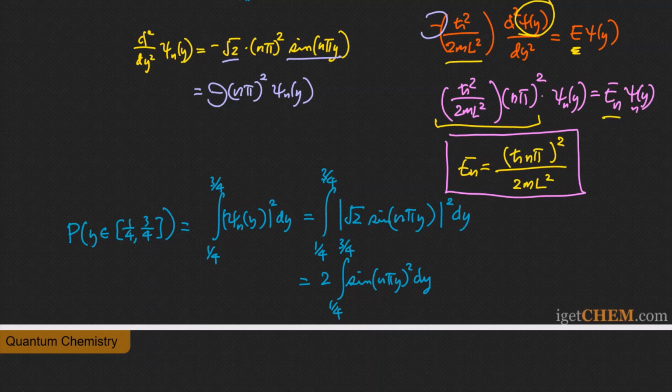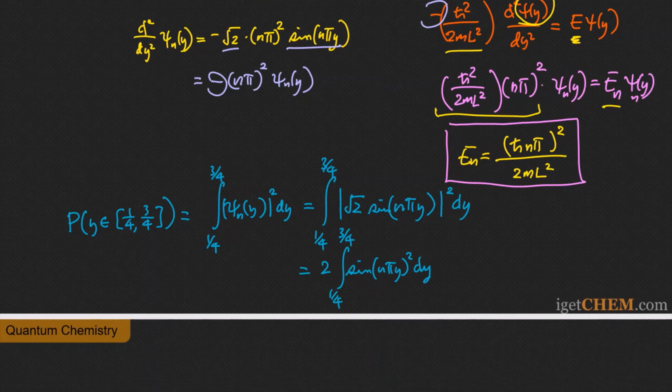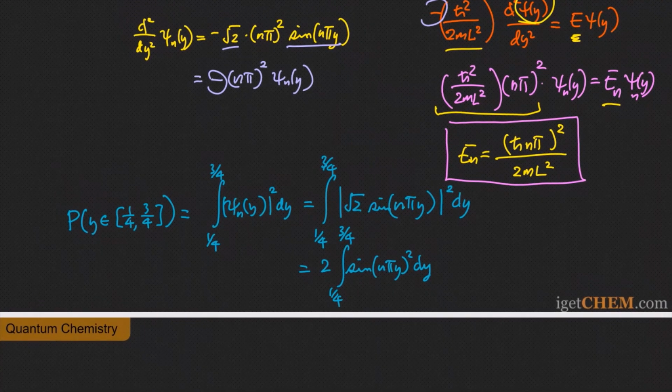And now you see that there really is no L anymore, because everything is now dimensionless. Okay, so you have to do this integral, which is a sine squared. Again, you can just look up an integral table, or you can do your own sine squared integration. Anyway, that's really just calculus, and that has nothing to do with the quantum mechanics. So I'm going to do it the fastest way.